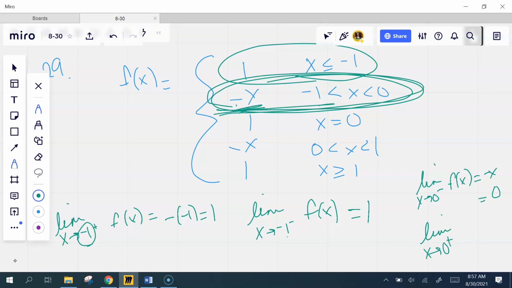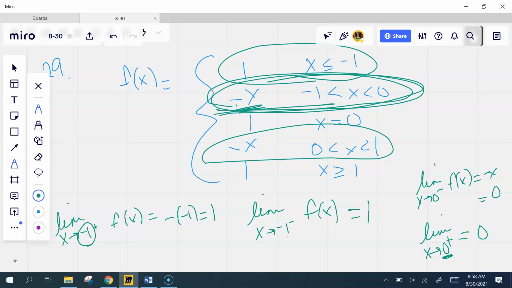So 0 from the right means x is bigger than 0, which is negative x again, which is 0. Remember limits: we want to use substitution if we can. So this is the value I'm subbing in for x. On the one where it's -1 from the left, we use the second equation, plugging it in also.